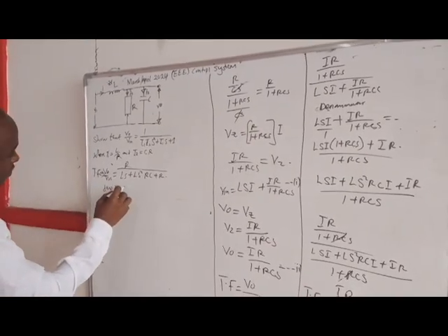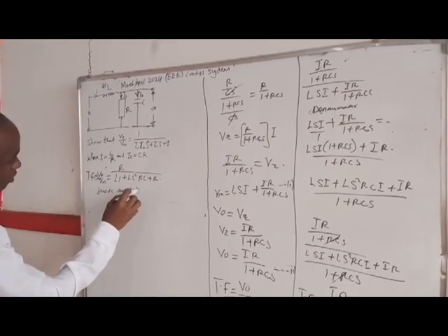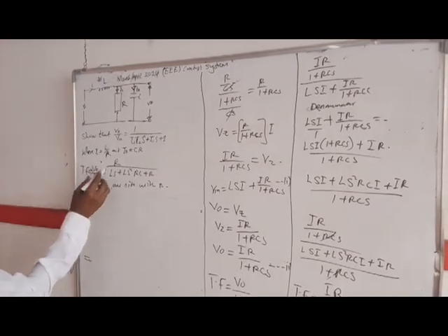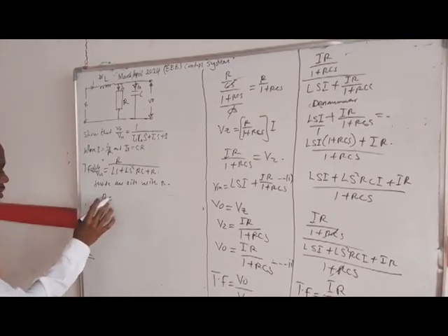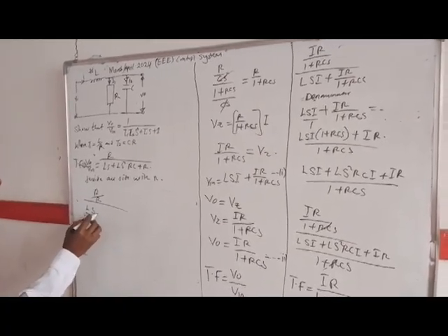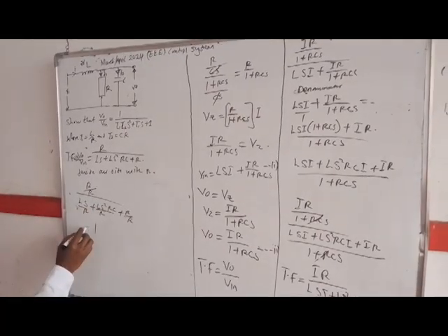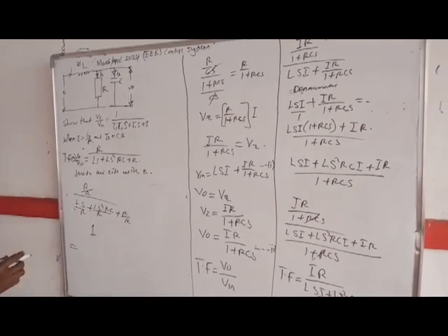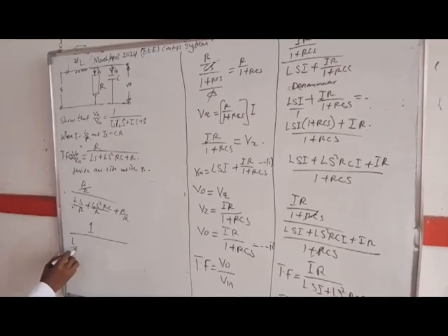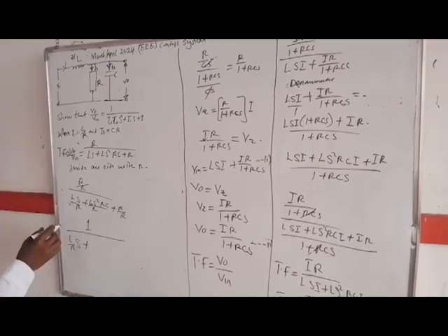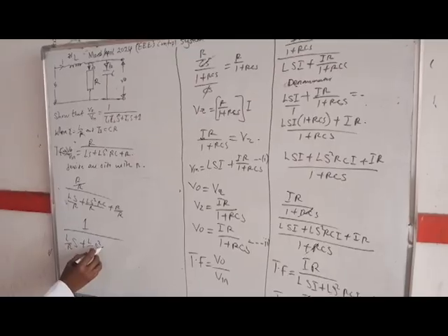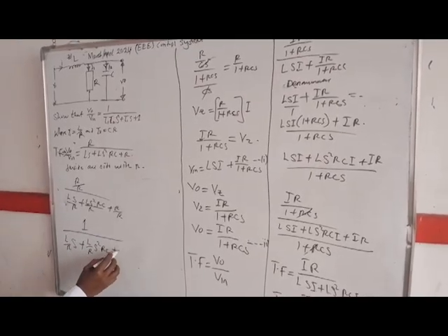Divide our side with R. After dividing, R divided by R is 1, divided by L over R S plus L over R S squared RC plus 1.